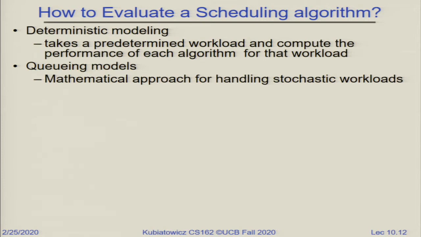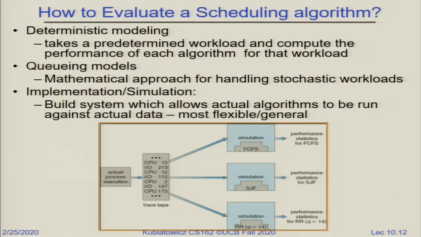The other thing you could try to do is build some queuing model that has a lot less detail to it and tries to come up with how well the scheduling algorithm works. Sometimes that works, but queuing models are also very complicated. Really, what people do is they simulate something simple.